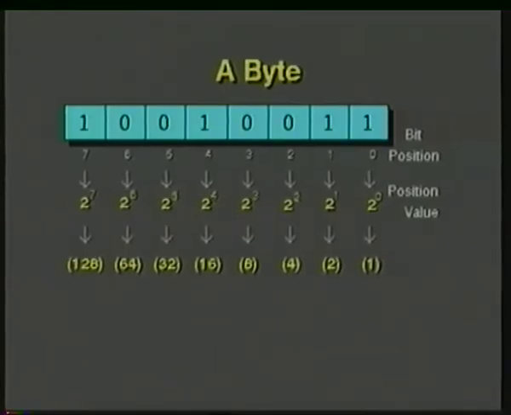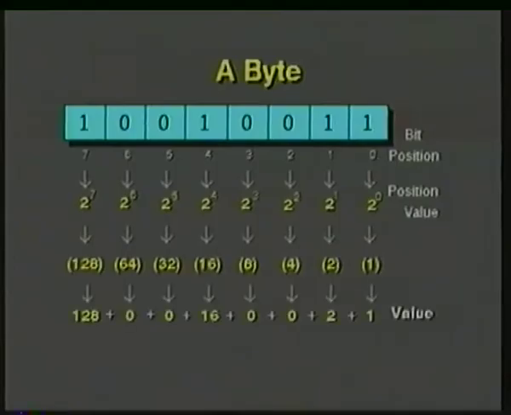Bit 2 represents 2 raised to the second power, that is, 4, and so on until we get to bit 7, which represents 2 raised to the 7th power, that is, 128. If every bit in the byte is a 1, then the overall value of the byte comes to 255. This is the maximum positive value that a byte can hold.